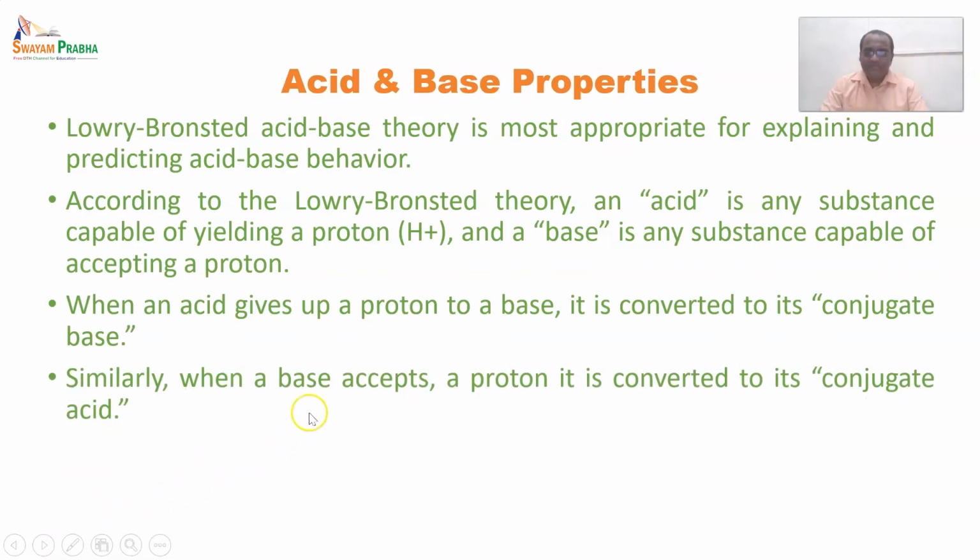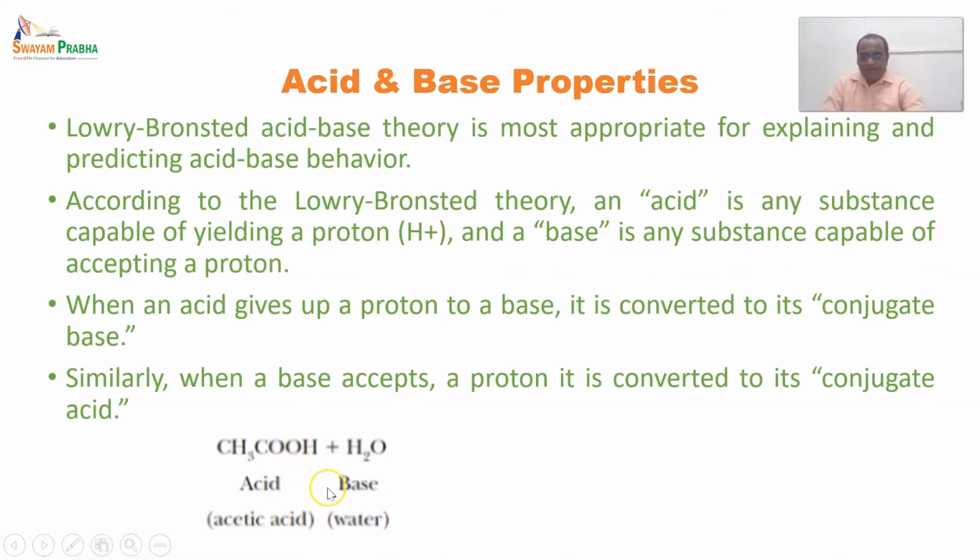Similarly, when a base accepts a proton, it is converted to its conjugate acid. Here is an example of an acid and base: acetic acid having an H plus ion, and water, which is acting as a base over here.